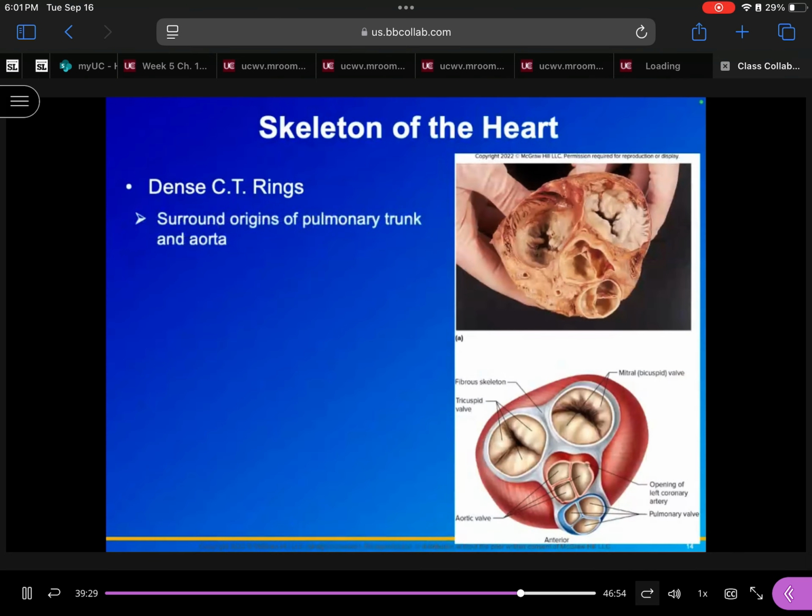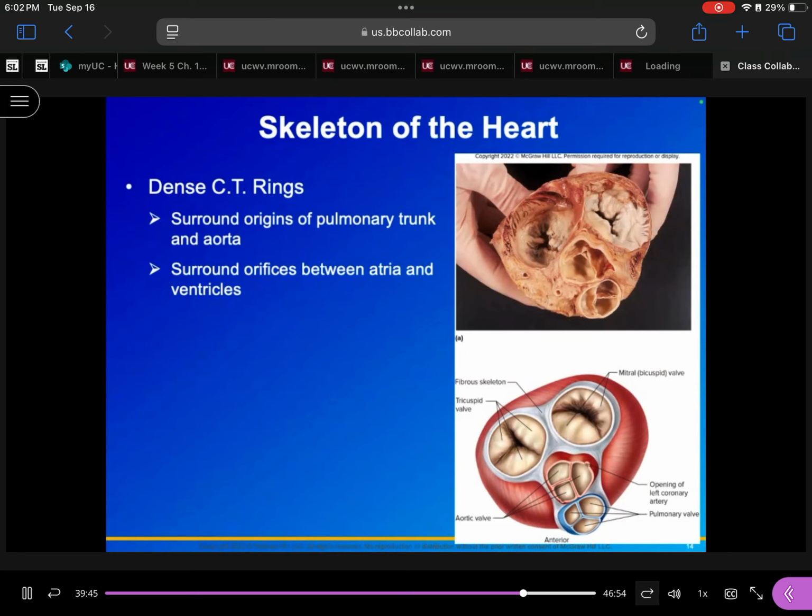Let's see. Okay. We also have something: your heart technically has a skeleton to it. And what we mean by that is we have a structure to keep it in its basic shape. So we have dense cartilaginous rings, which is why we call it the skeleton. You think about the cartilage that goes along with your bones. We call that part of the skeletal system. So this is the skeletal system of the heart.